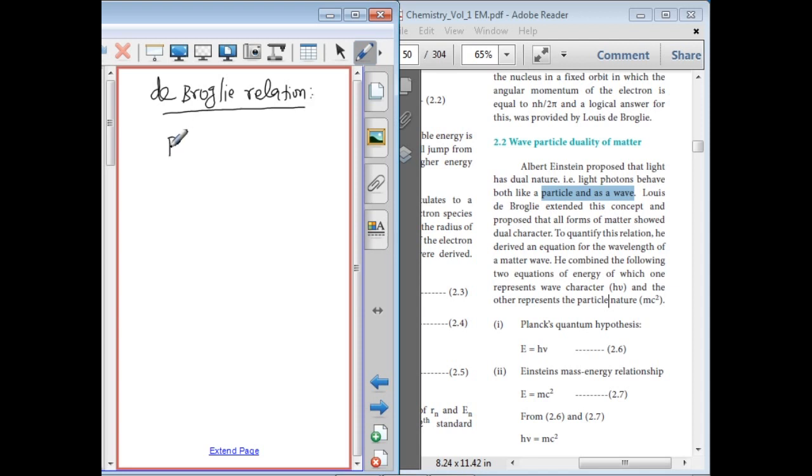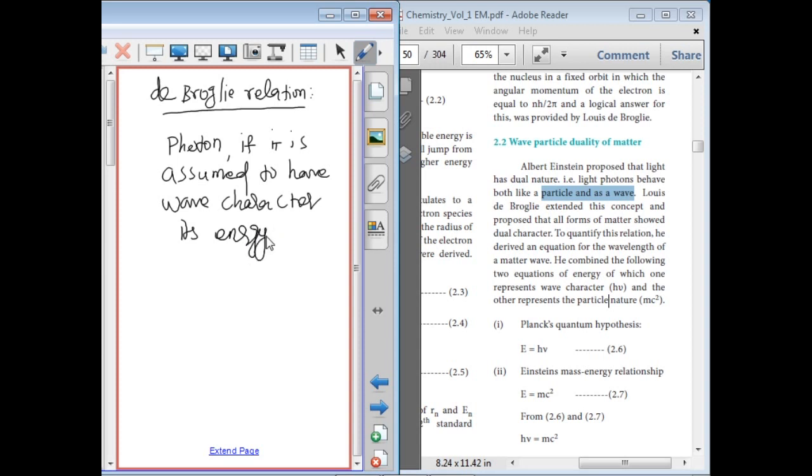In the case of a photon, photons mean light particles, if it is assumed to have wave character, its energy is given by E equals h nu, according to the Planck quantum theory.